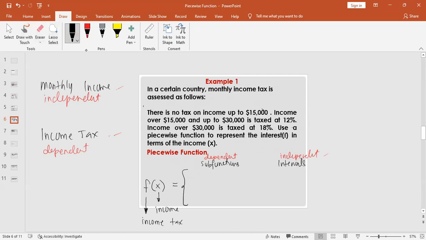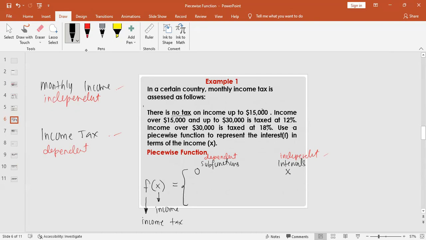So, in the first subfunction, di ba, ang babasehan natin ay yung income tax. So, ang income tax daw sa first sentence or first condition ay no tax. So, ibig sabihin, our first subfunction here will be f of x is equal to 0. Kasi nga, wala daw tax. And para magawa natin yung interval, we will represent the income or monthly income by variable x.